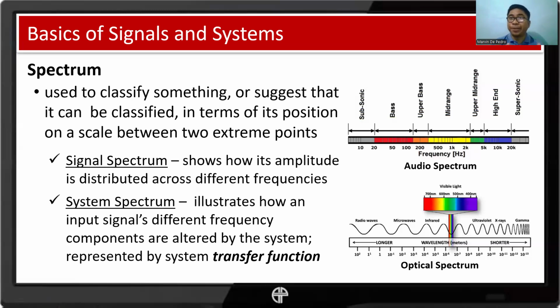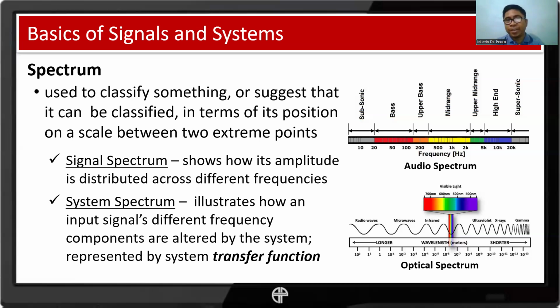So it's like the mold. If you want a signal to be shaped in a certain way, then your mold must be shaped into that kind of shape. The signal spectrum shows how its amplitude is distributed across different frequencies. You're going to see that in a while.